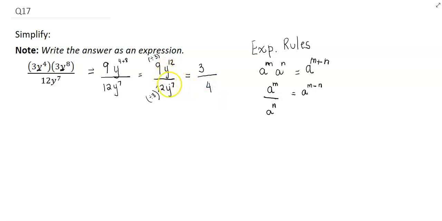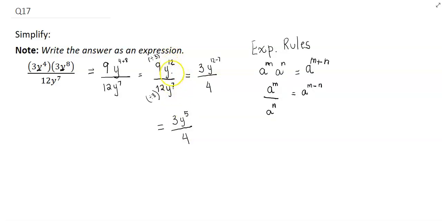Now I have two powers, two exponent expressions with same base. I keep the base y and I'm going to subtract the exponent, 12 minus 7. So then this will be 3y fifth over 4. And you see that the power is on the numerator because there are more y's on the numerator than on the denominator.